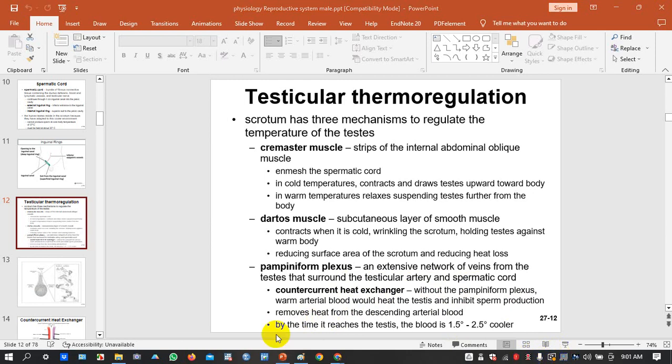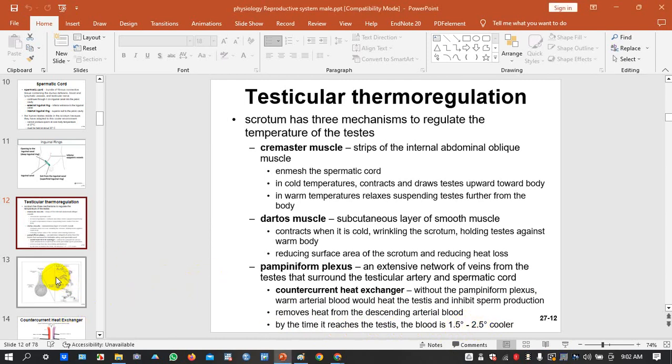Without the pampiniform plexus, warm arterial blood will heat the testis and inhibit sperm production. So the pampiniform plexus removes heat from the descending arterial blood. By the time it reaches the testis, the blood is lesser in heat by about 1.5 to 2.5 degrees C.